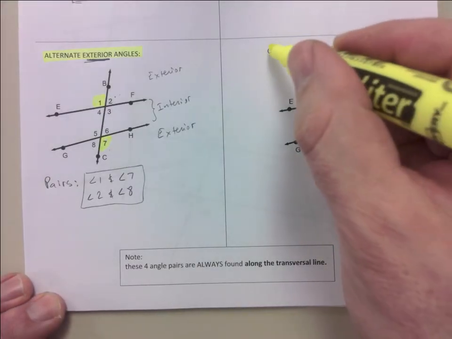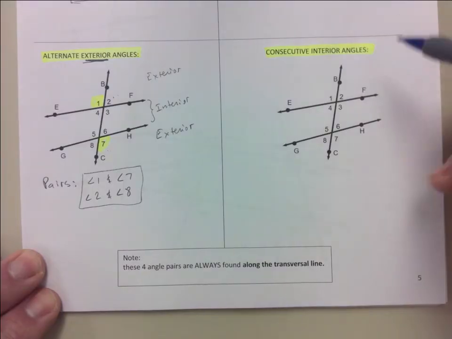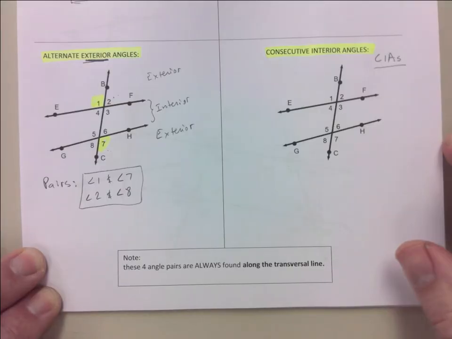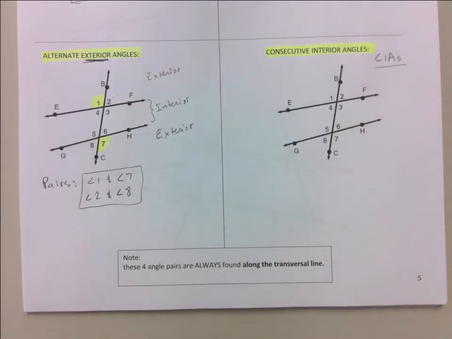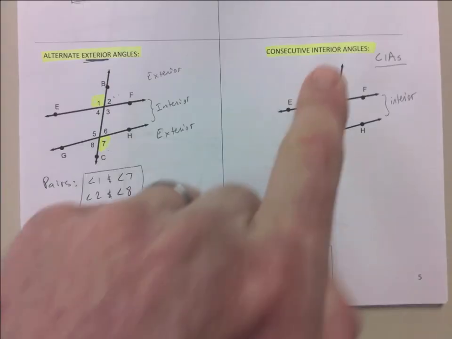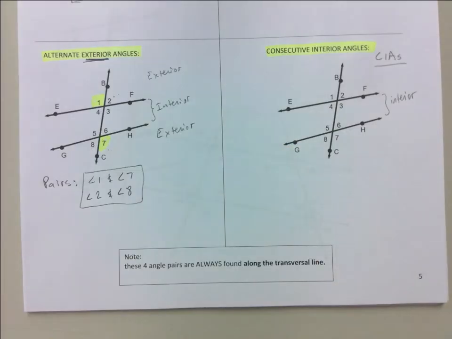And last but not least, consecutive interior angles. I often refer to these as the CIAs. Okay, consecutive interior angles. Again, if it says interior, that means that they're going to be inside the 2 lines that are being intersected.